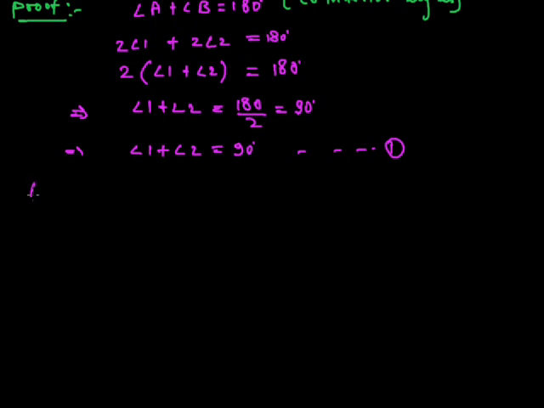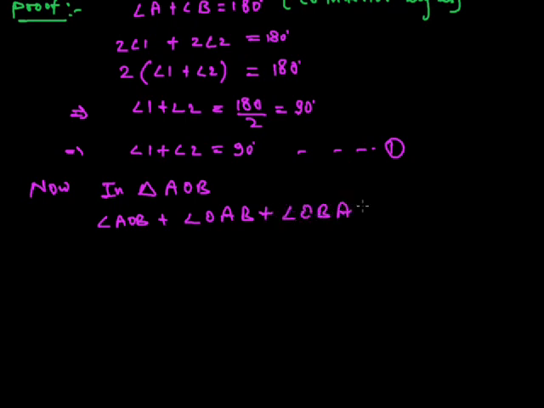Now in triangle AOB, angle AOB plus angle OAB plus angle OBA should equal 180 degrees. Why are we equating the sum of these three angles to 180 degrees? Because of the angle sum property of a triangle.